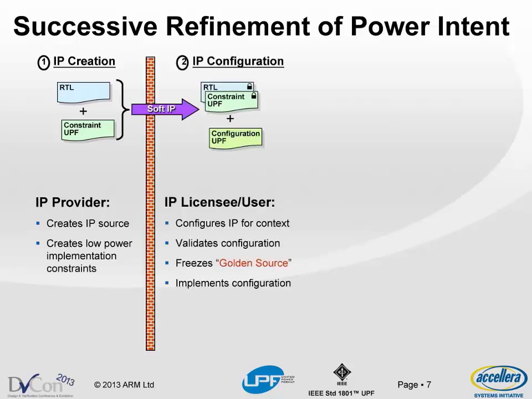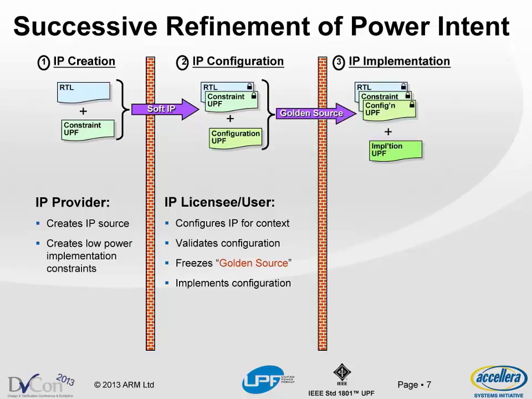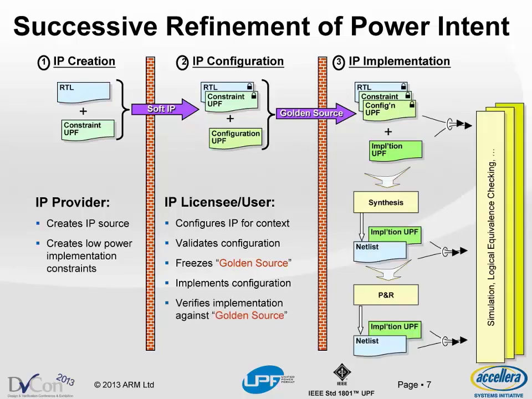And then the licensee will create a specific configuration of that low power intent and invest heavily in the validation of it. And the nice thing about the successive refinement is that when you go on to the implementation, you can then add the color of the implementation without having to repeat all of your verification. So you're preserving your verification equity that you've invested in the golden reference.